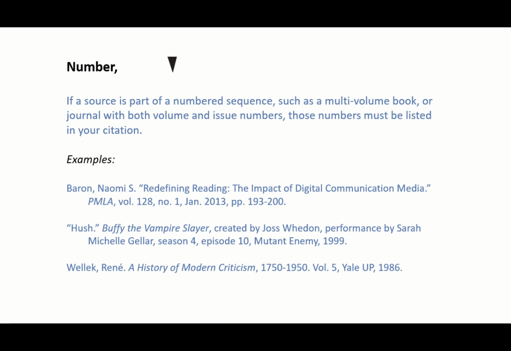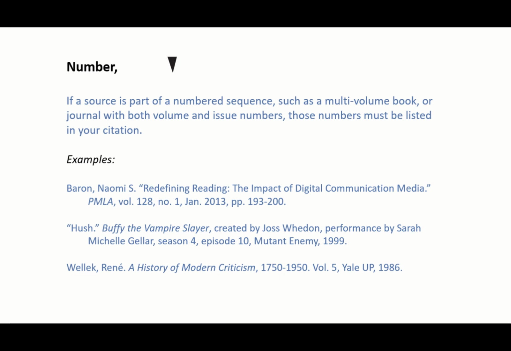This is the MLA citation that you all are going to see the most with the work in this class, and actually what you're going to follow when you cite your scholarly article for that final assignment. So as you can see here, we have last name, comma, first name of the author. The title of the article is Redefining Reading, the Impact of Digital Communication Media.